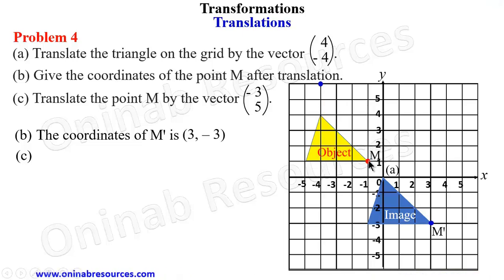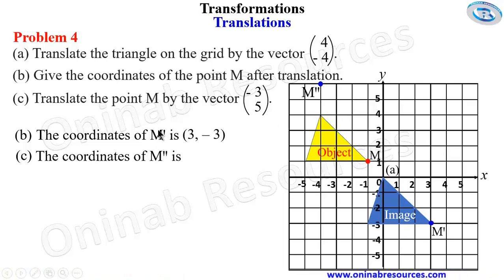So this is the point M after translation. So the coordinates of M prime prime is, we read it on the x-axis, that's negative 4, and this is 6. So we have it as negative 4 comma 6. And that is all for problem 4.